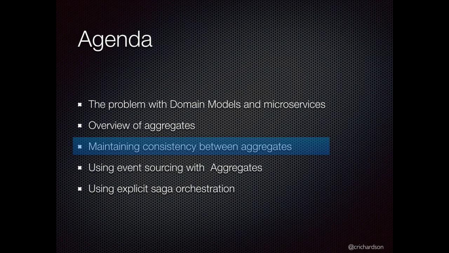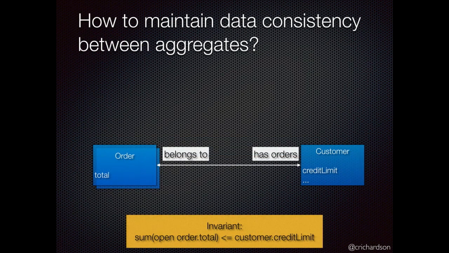Okay, so that's aggregates. But in your system, you're still going to need some form of data consistency that spans aggregates or spans services. So going back to the credit limit, there is this rule that says the open orders for a customer must not exceed the customer's credit limit.